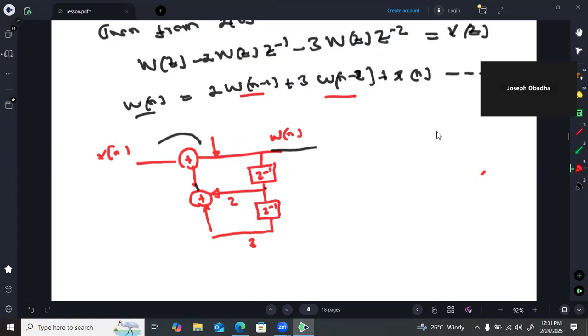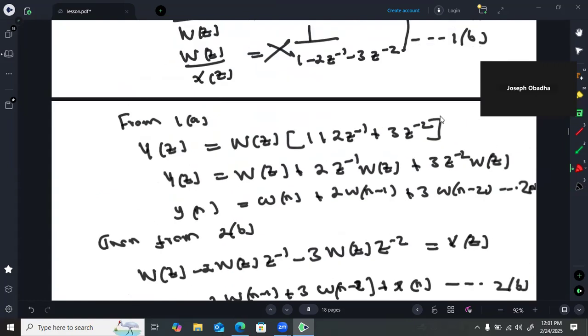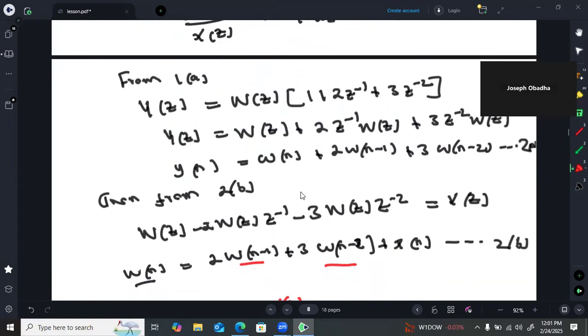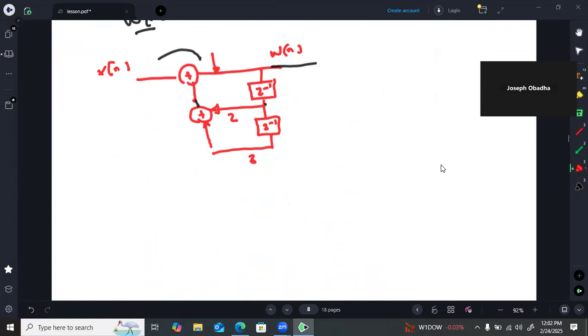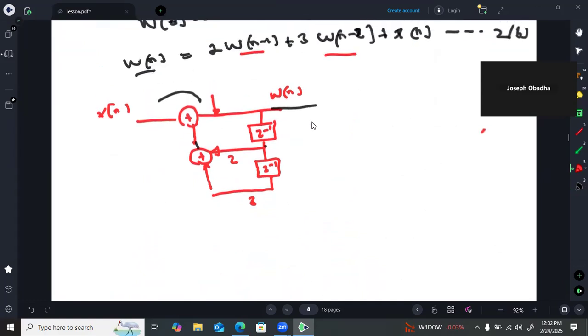In the second part of the drawing, I will have to draw 2a, where you can see we need delayed versions of w of n: w of n delayed by 1 unit, w of n delayed by 2 units. But we already have w of n here.